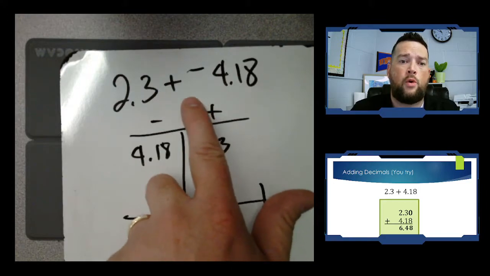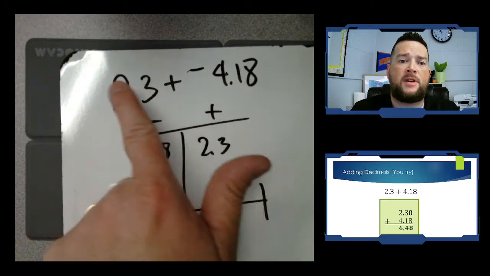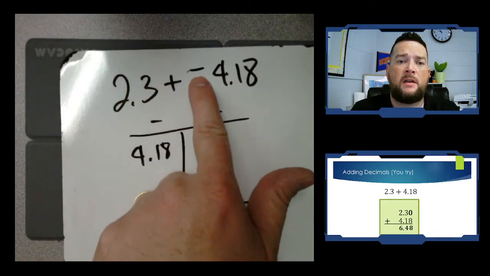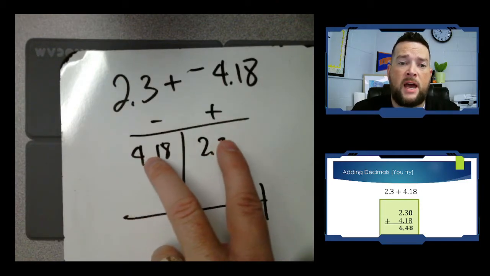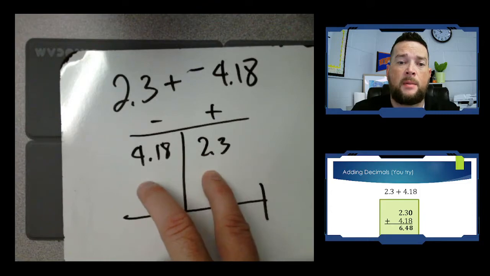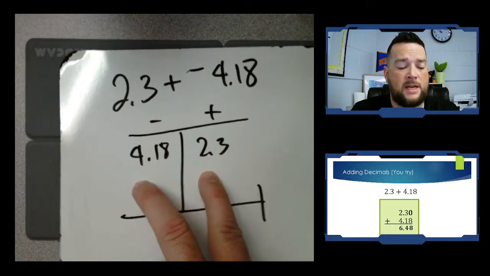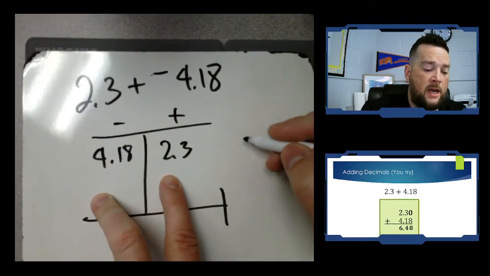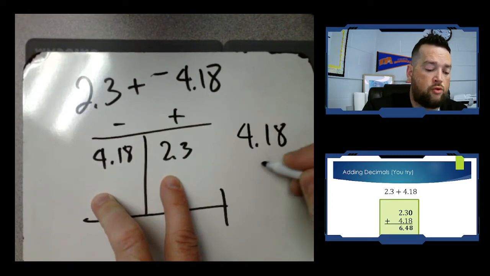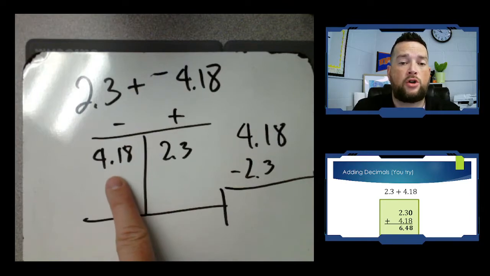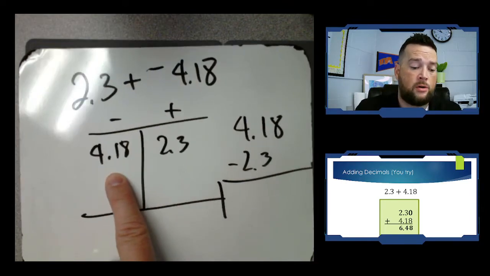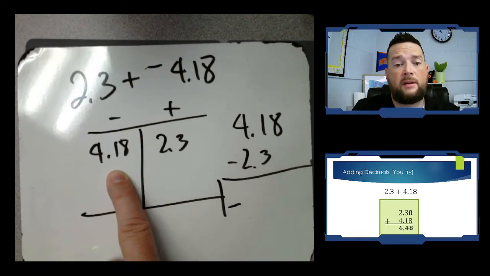So when you're adding numbers that have different signs, this one positive, this one negative, you really subtract them, and then you keep the sign of the larger number. So in this case, we're going to have to subtract these numbers, and then keep the sign of the larger number. So our answer in the very end would be negative.